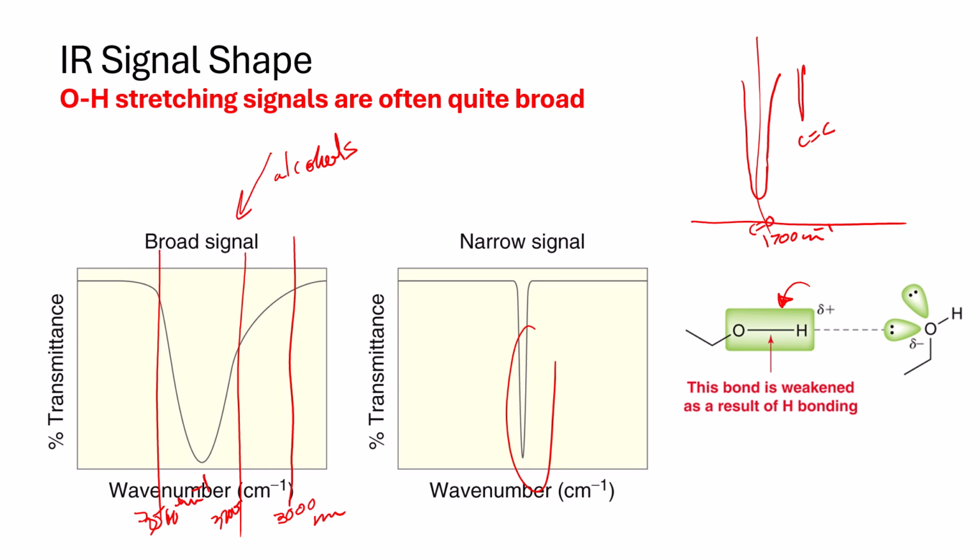The broad one is due to the hydrogen bonding. In the case of a diluted alcohol, you can also see a sharp signal like that. When the alcohol is diluted, it's no longer forming hydrogen bonds, and then you will see the sharp signal. Or you may be able to see both. So shape is important. So where is the band?